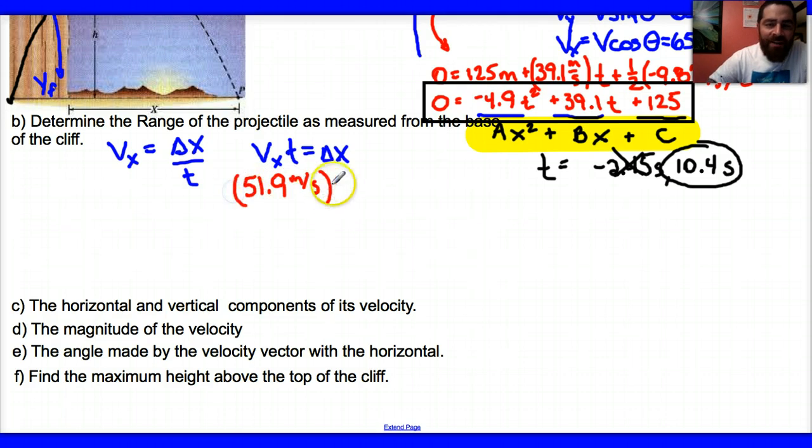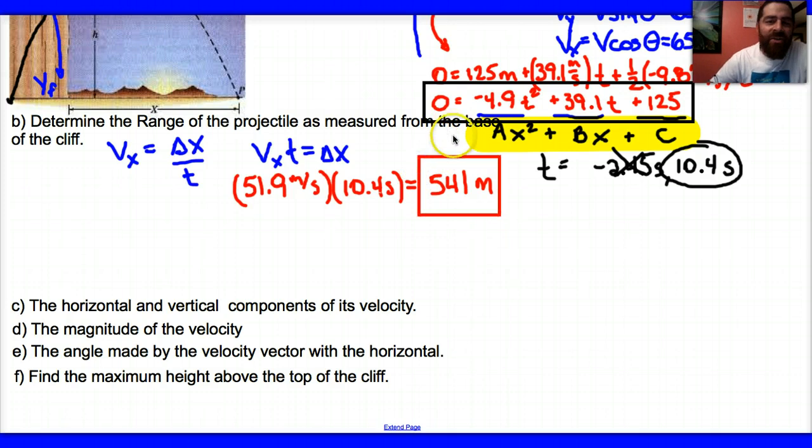Multiplying that by the time that I found in part A, 10.4 seconds, yields a range of 541 meters. So that will be my answer for part B: the range of the projectile is 541 meters.